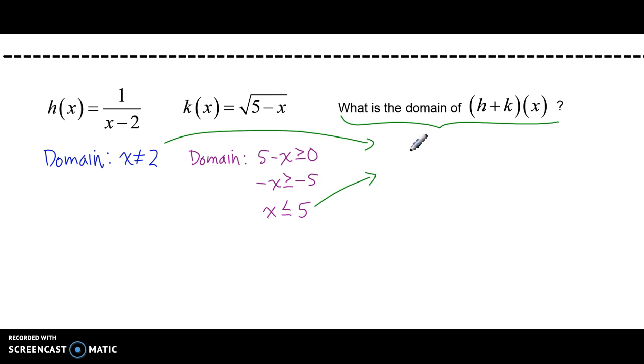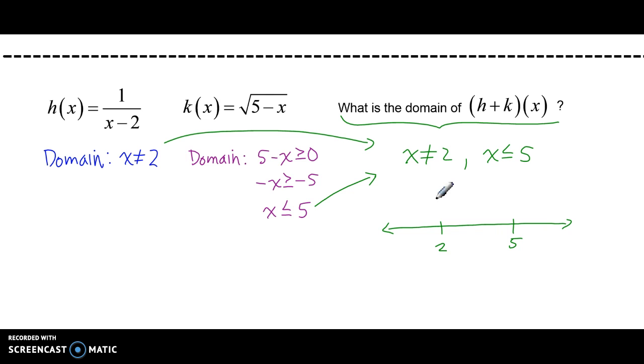So x is not allowed to be 2, and also x has to be less than or equal to 5. You can't break either of the rules that have to be satisfied in order to get this combination function put together. Let me draw a picture of what we're talking about here, because it might help illustrate what my final result comes out to be.